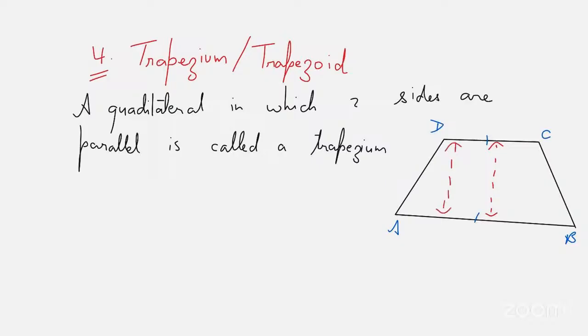This will always remain the same because they both are parallel. The distance between two parallel lines is called perpendicular distance. Whenever you hear the term perpendicular distance, it refers to the distance between two parallel lines.